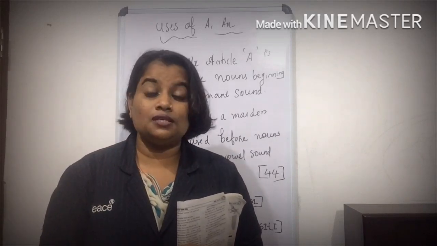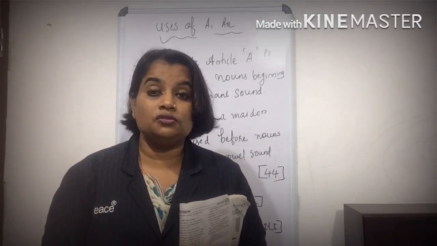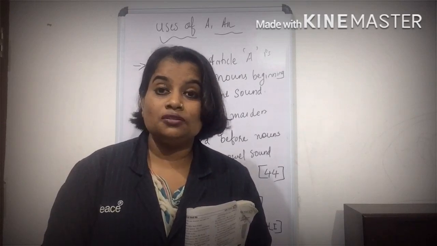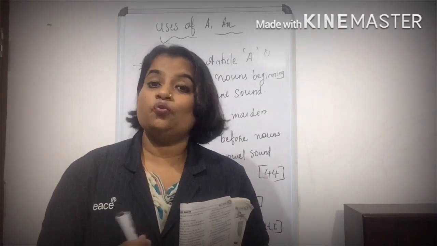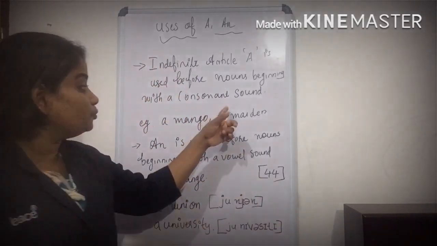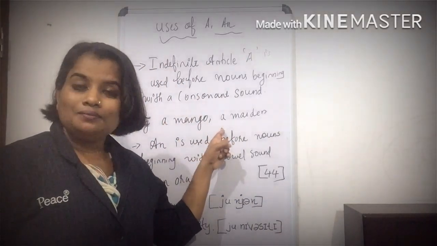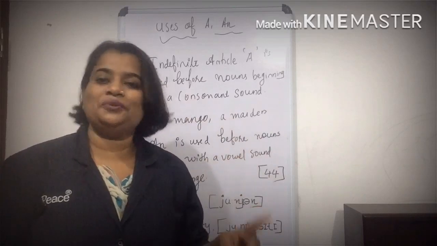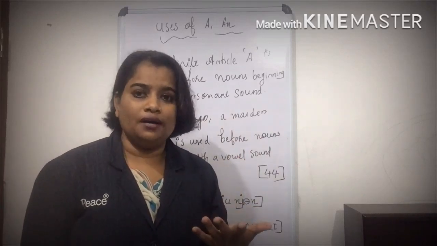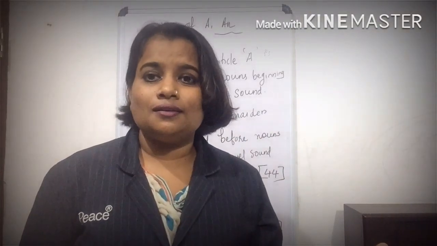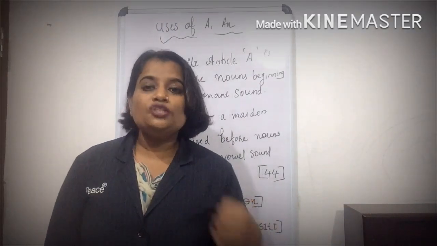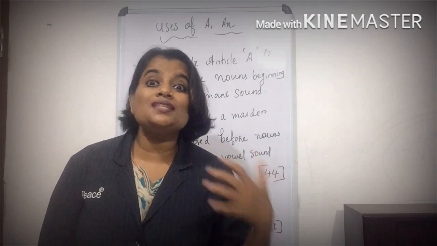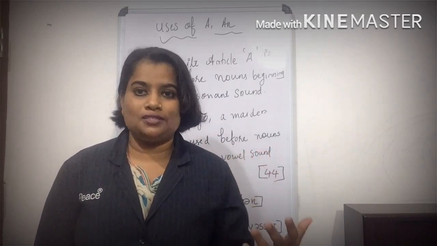What are consonant sounds? Yes: p, k, t, th, ch, j. Such are the consonant sounds. So you have to use a before a consonant sound. To produce speech sounds or to speak something, you need to use the phonetic speech sounds or phonetic alphabets.